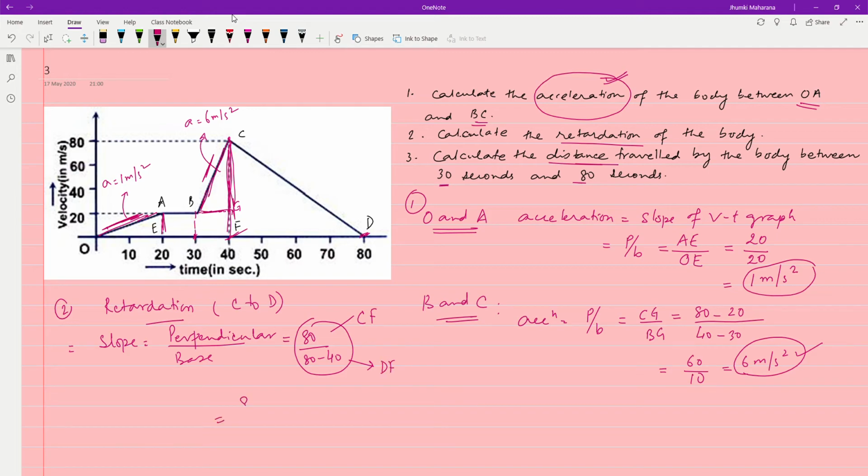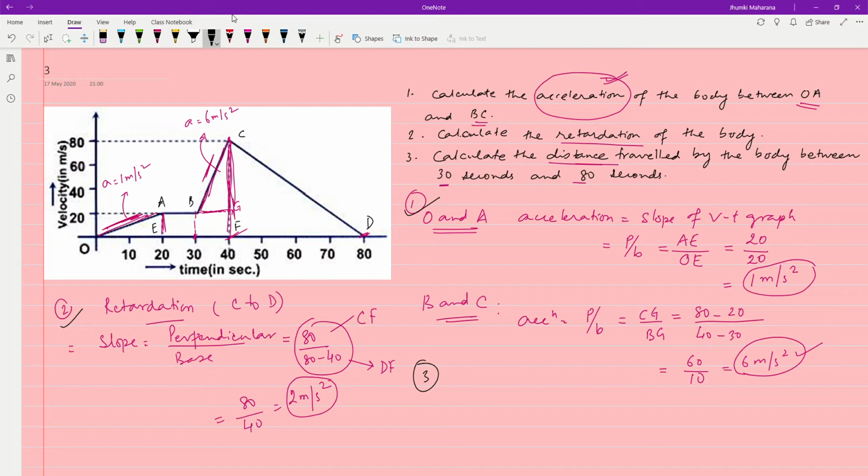So it is 80 divided by 40. So we get 2 meter per second square. This is the retardation of the body. Okay. Now the third question. So this is question number 2, this is question number 1.